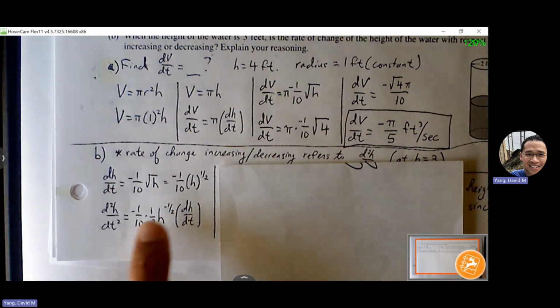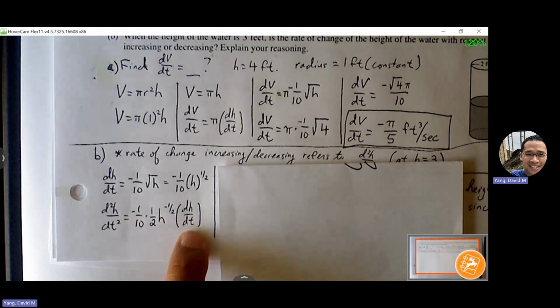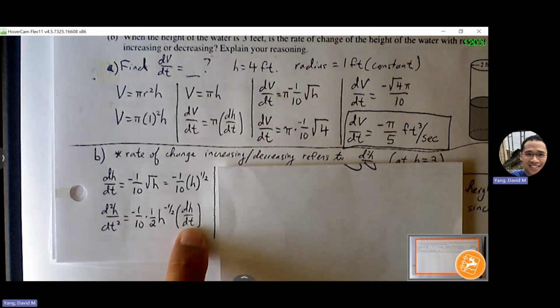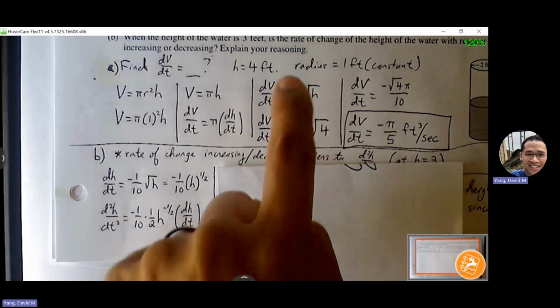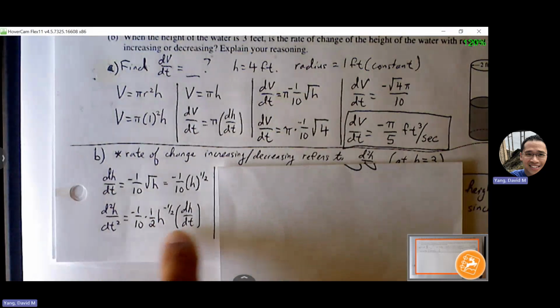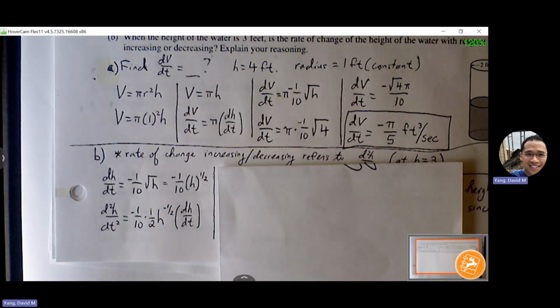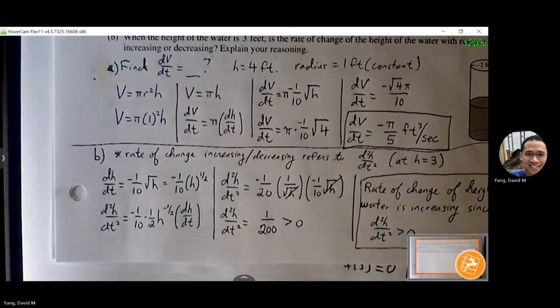Power rule, bring down the 1/2, subtract 1 from the exponent. We're taking h's derivative, so another dh/dt will pop up. We know the representation for dh/dt, so we'll put it in place. Then we'll clean everything up, replace 3 in for h, and see what that number gives us.